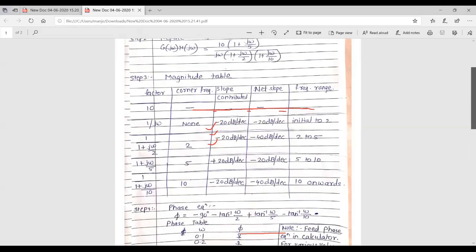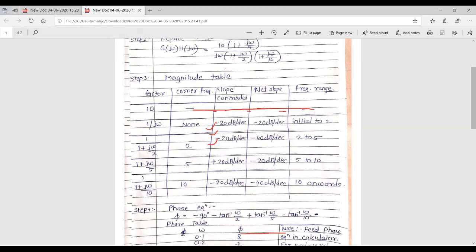Now the problem is here. If suppose I write this factor below 1 plus j omega by 5, it will be considered that this factor is contributing after this factor, and so the net slope would be wrong.